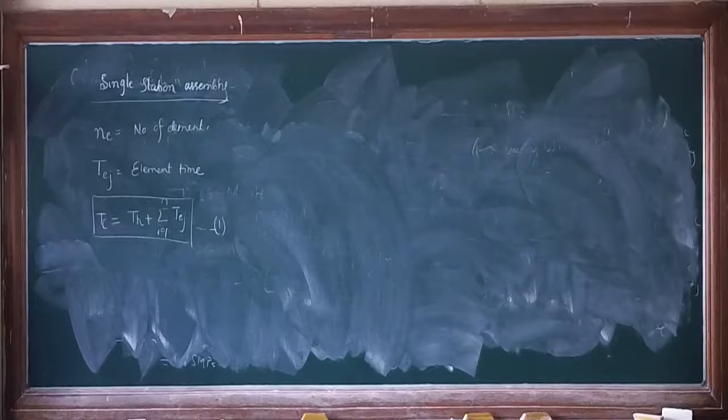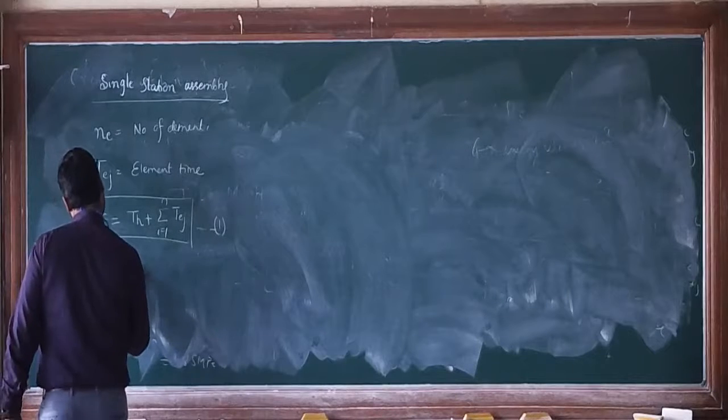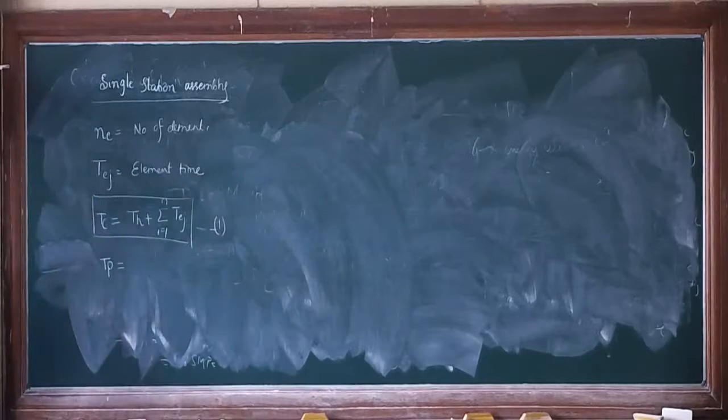Now, how are you going to calculate the production time, TP, the average production time? It is calculated using the MI into QI equation. In the previous class, I explained that MI into QI.